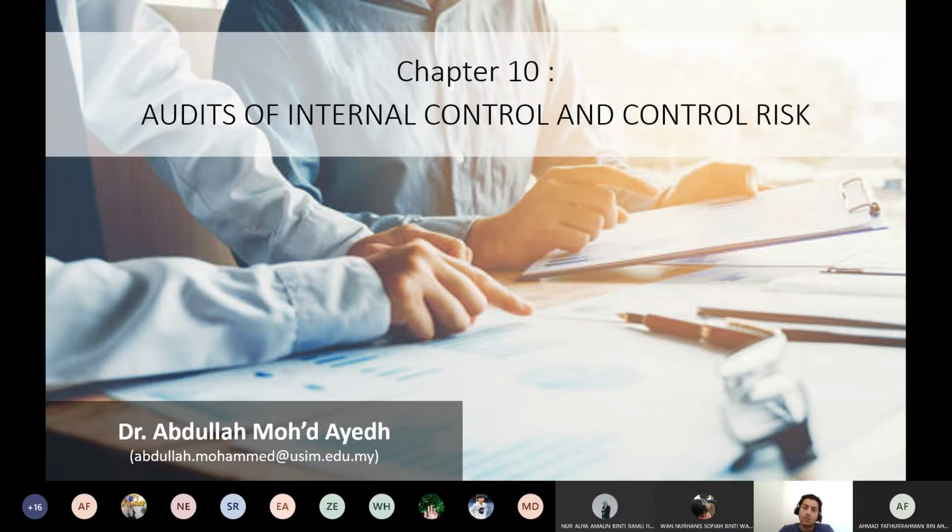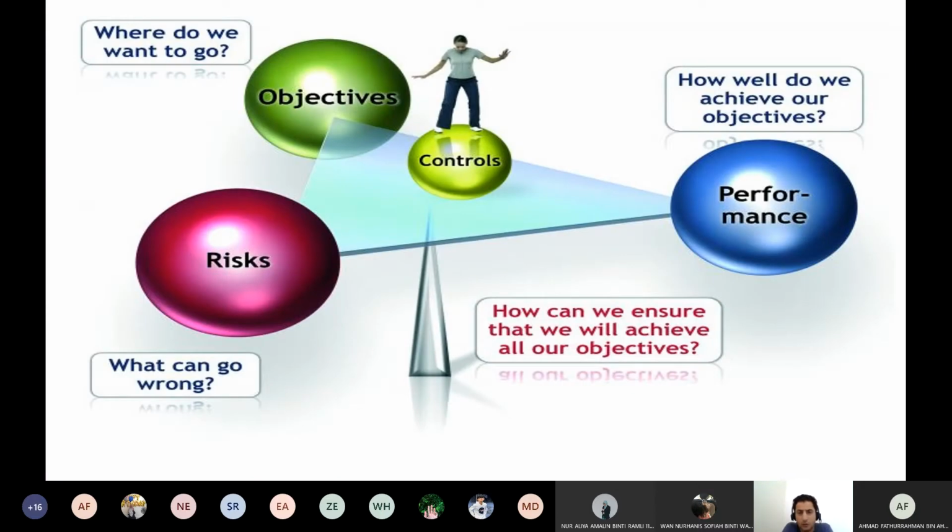This topic is quite important because it is part of the assessment that will influence the volume and the effort that the auditor will do, and it will affect the auditor's decision at the completion of the audit. Okay, so we need first to understand what control is. So I give you this diagram.